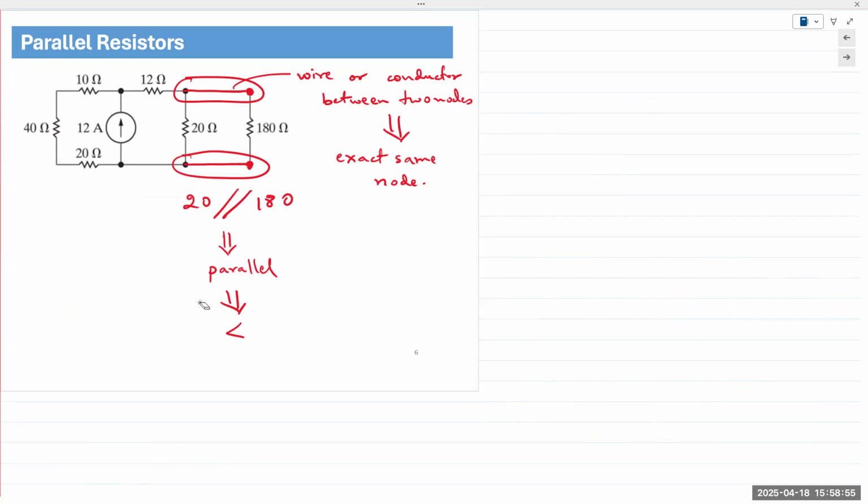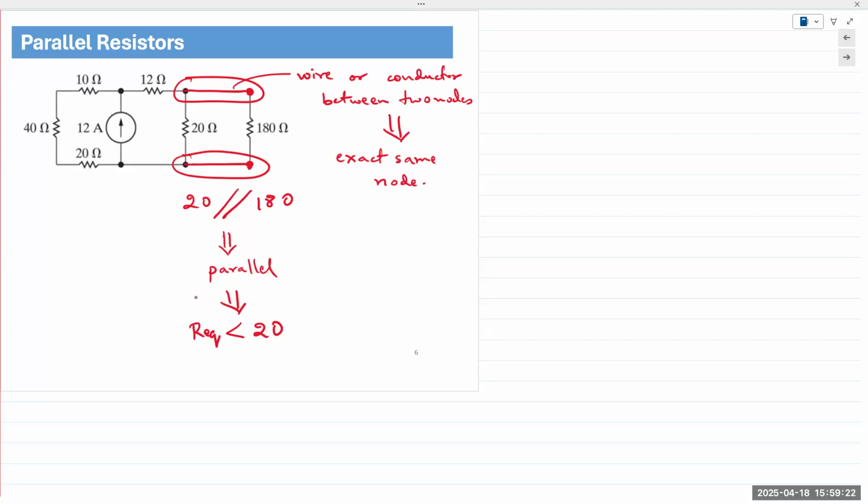Oh, I need some coffee. REQ would be less than 20. That 20 is the smallest resistor in the parallel connection. So REQ would be less than 20. If your answer is not less than 20, that means there's an error somewhere in your calculation. So that's a quick verification step.